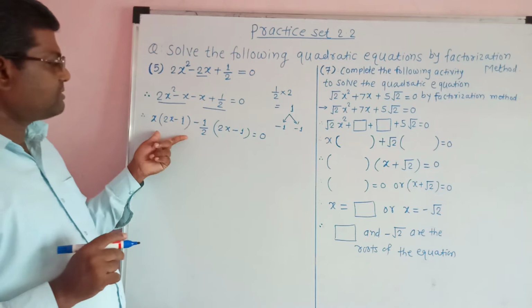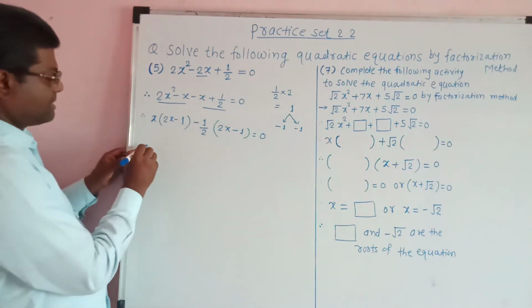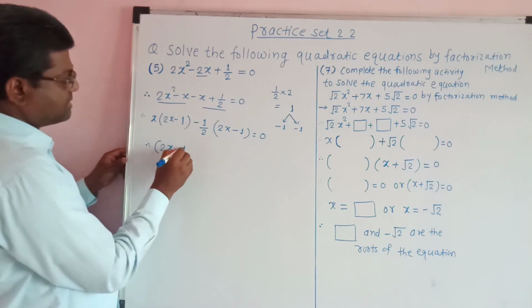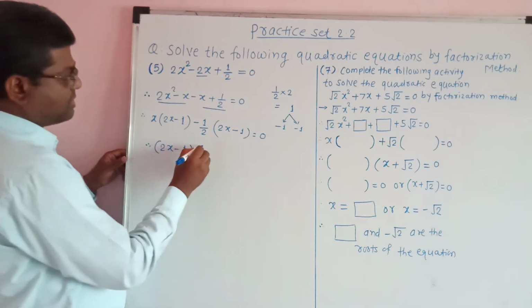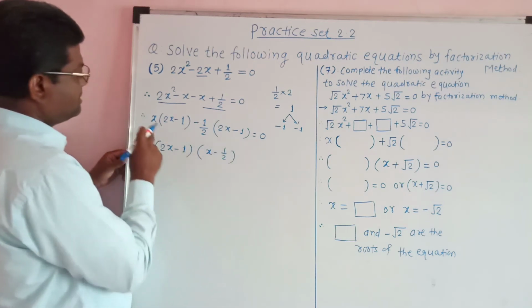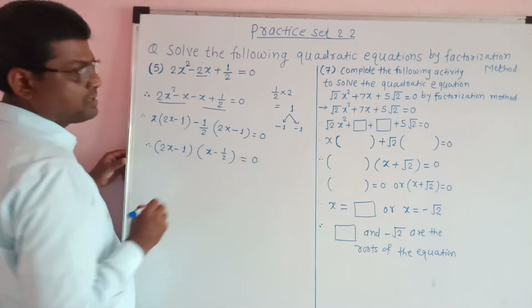Now 2x minus 1 and 2x minus 1 are common, therefore we take the 2x minus 1 bracket common, and in another bracket x minus 1 upon 2, this x minus 1 upon 2 is equal to 0.